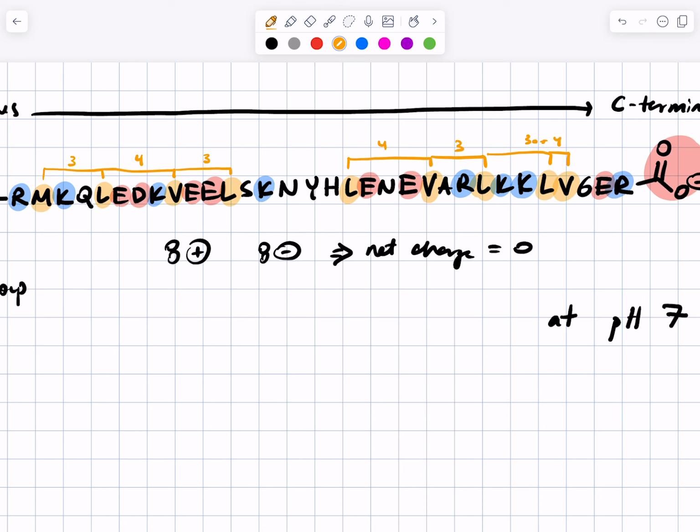For example, if I draw, let's see, 1, 2, 3, 4. Did I mess up somewhere? Nope, I think I got it. Let me just confirm that I got the right sequence.